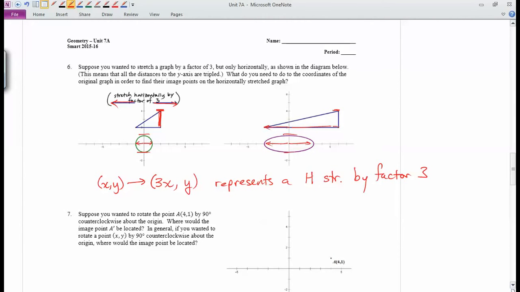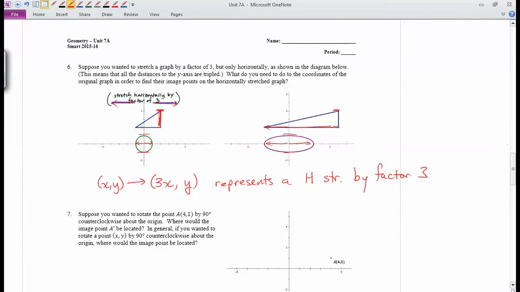And if you wanted to stretch something vertically instead, so that a circle turned into something like that, then you're going to do something along the lines of (x, y) turns into (x, 3y) or 2y, however much you wanted to dilate or stretch that by. Okay.